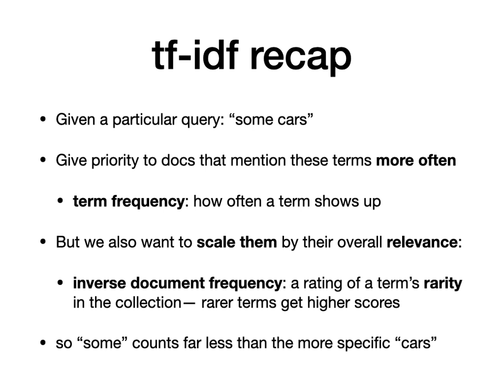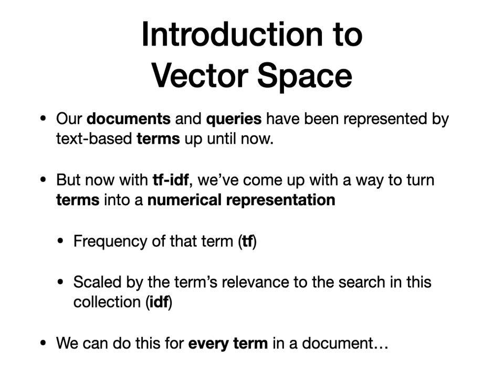But if it's across the whole internet, then cars is very informative. There's only so many subdomains of pages out there in the world that are going to use the concept of cars. So these things combined give us, some is contributing a little bit, but cars is contributing quite a lot. So their TF-IDF scores are going to be different, and we're going to then compare those to the documents.